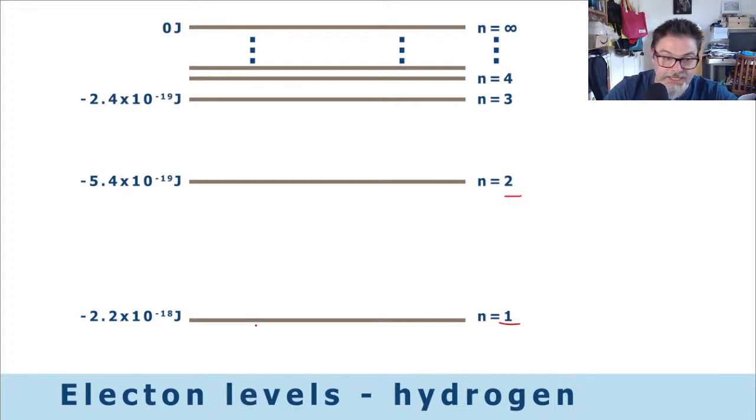Anyway, the best way to think about this is to imagine a ladder. If you're trying to climb up a ladder, now I'm not going to try and draw a person, as anyone who knows me knows that my drawing skills are not fabulous, but these rungs on the ladder are equally spaced, and then you have a mass sitting on the ladder there, and you can move this mass up to the next level.